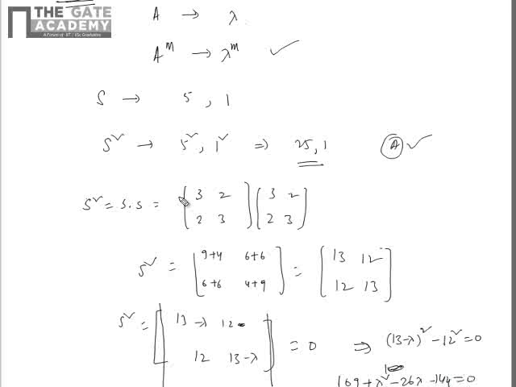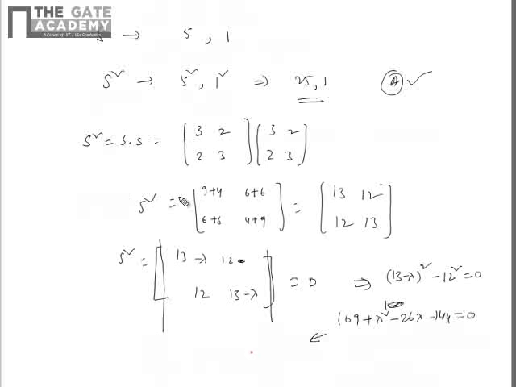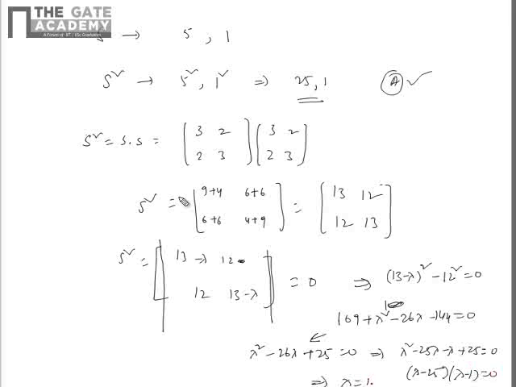So lambda square minus 26 lambda plus 25 is equal to 0. This means lambda square minus 25 lambda minus lambda plus 25, because minus 25 into minus 1 will give you 25. Factorizing gives lambda minus 25, lambda minus 1 is equal to 0, which implies the values are lambda 1 and 25.